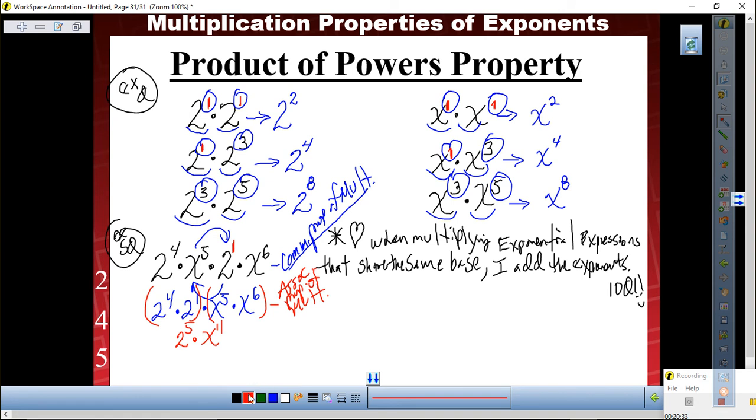Except for, I wanted to kick it up a notch, and I'm going to ask you to simplify, which means I need to expand this one, 2 times 2 times 2 times 2 times 2. Everyone? 32. 32x to the 11. And now it's completely simplified.